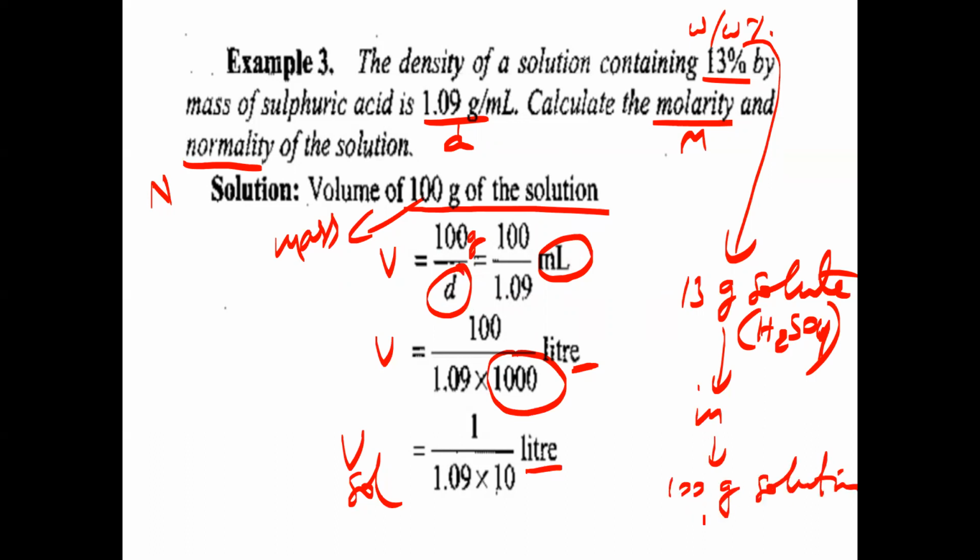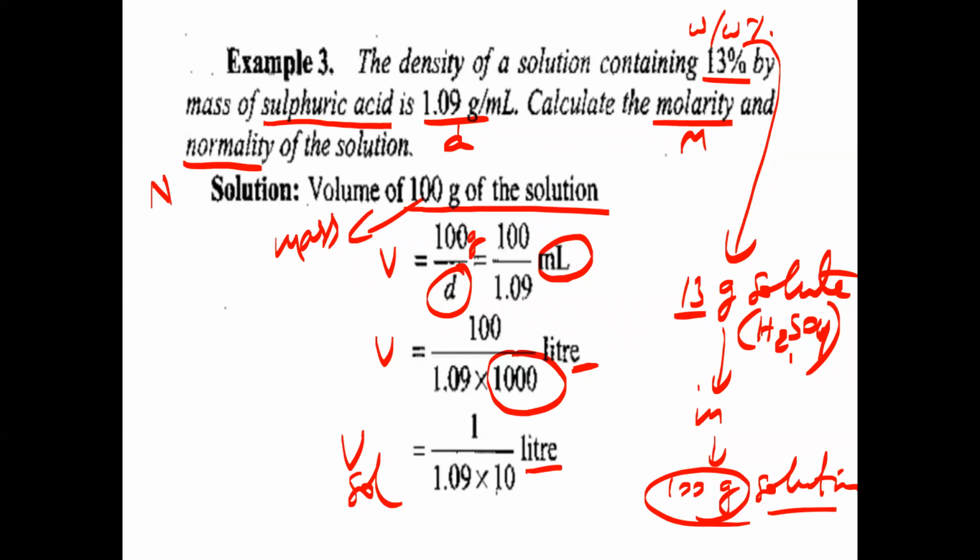So the mass of solution is 100 grams, as we have taken, and the mass of solute is 13 grams. The substance mentioned here is sulfuric acid, formula H2SO4. So 13 grams of sulfuric acid solute is present in 100 grams of solution.